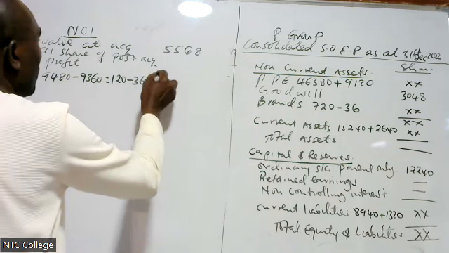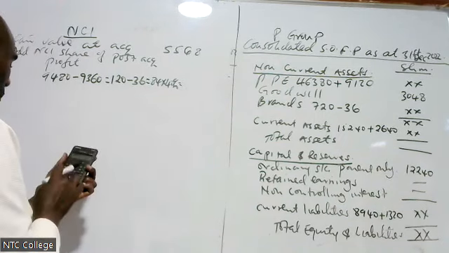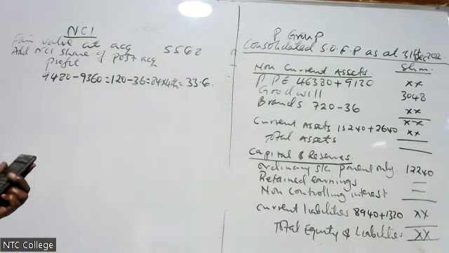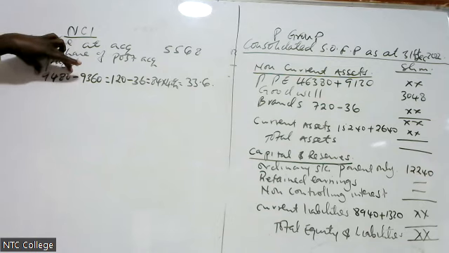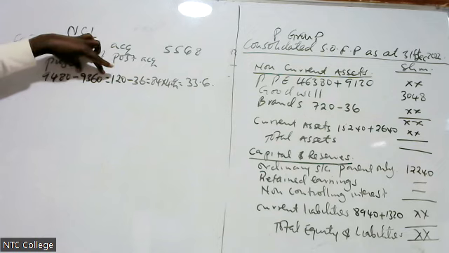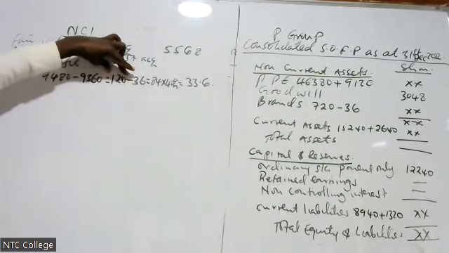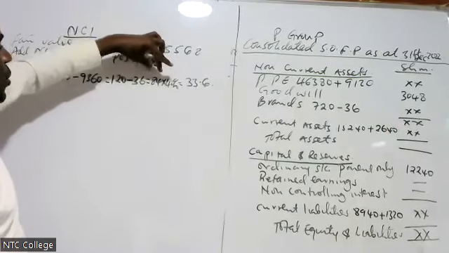I get 84, times 40%, I get 33.6. Why? Total profit in the balance sheet is 94.80. When we gained control, that is when it became a subsidiary, the profit was 93.60. Therefore, post-acquisition is 120. But out of that, there is amortization of 36. Therefore, you less the amortization, you get 84.